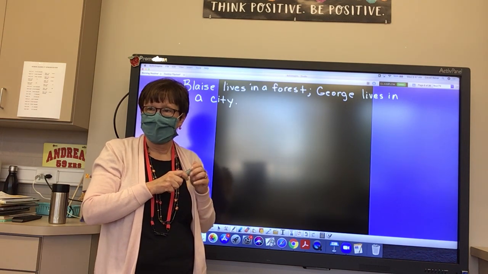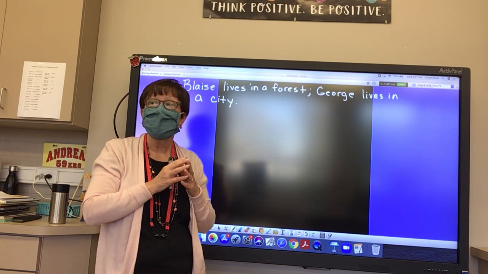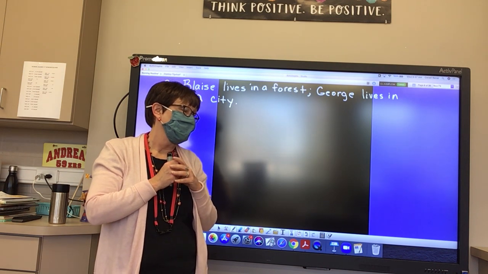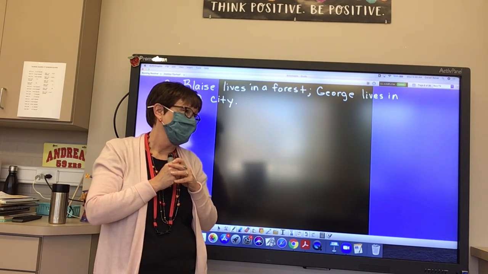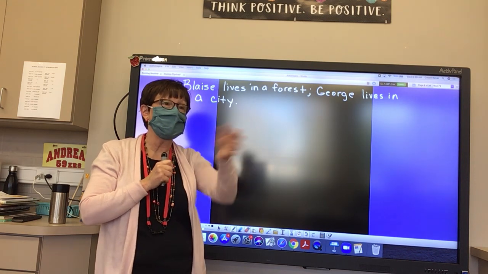Yes? So Charlito lives in the city and George lives in the city. Okay, so we're getting to see that they both live in the city, yes? Well, they both show the differences on each page? As we get to see the differences, yes?